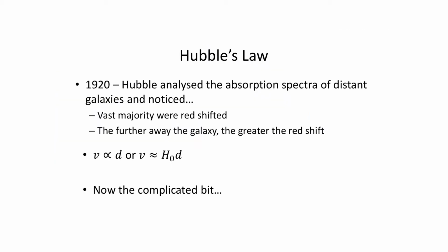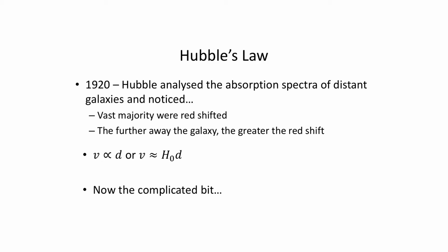It was in 1920 that Hubble analysed the absorption spectra of distant galaxies, and he noticed a couple of things. The vast majority, so not all, were redshifted, and the further away the galaxy, the greater the redshift. The further away they are, the more those black lines had moved towards the red end of the spectrum.